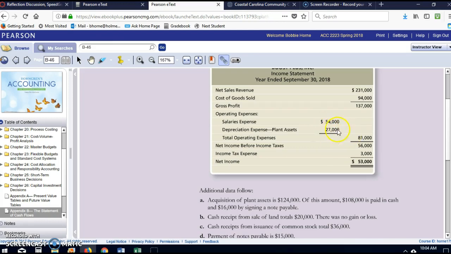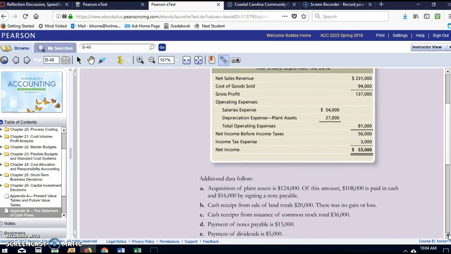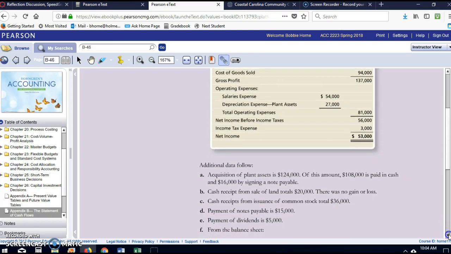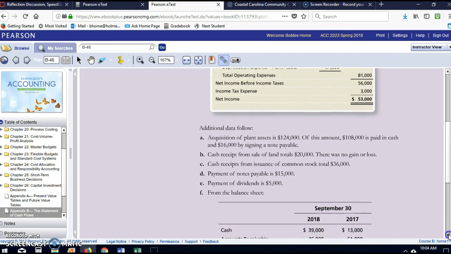So we'll have to add this back to net income. Since we took it out, we'll have to add it back because we didn't really pay this in cash. So we didn't spend that cash, so it'll be an increase to cash. We always add back depreciation expense in the operating activities section.